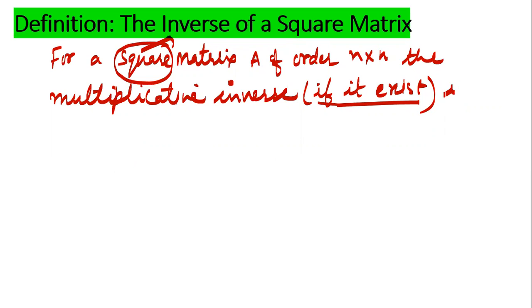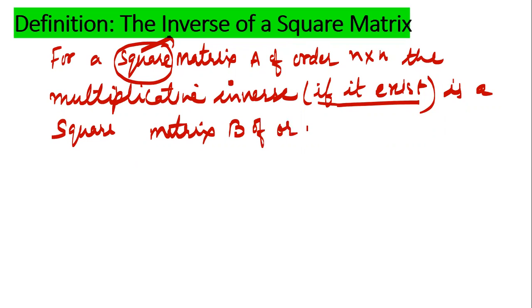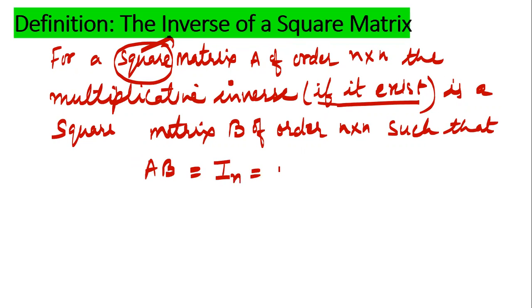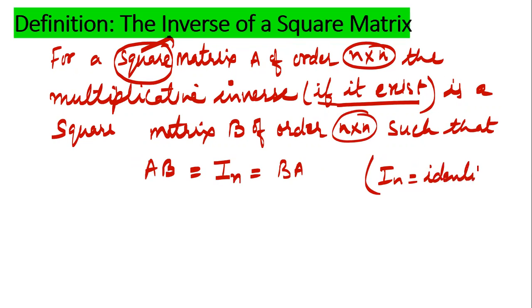If it exists, it is a square matrix, say B, of the same order, of order n by n, such that AB equals IN equals BA, where IN is the identity matrix of order n by n.